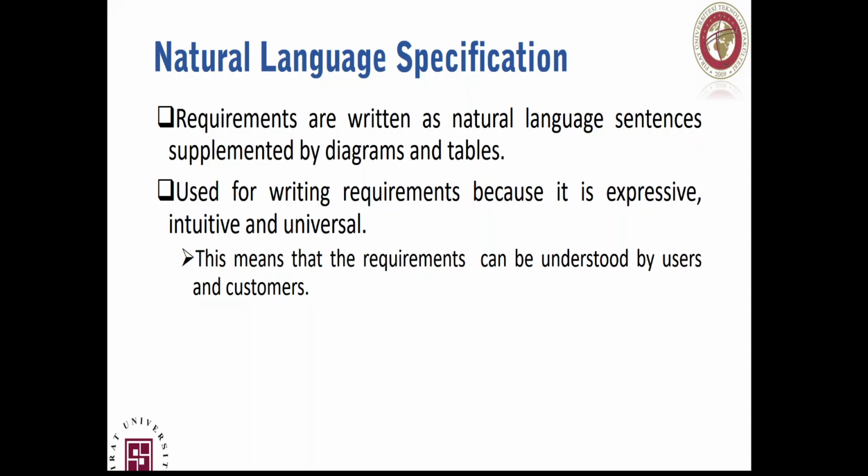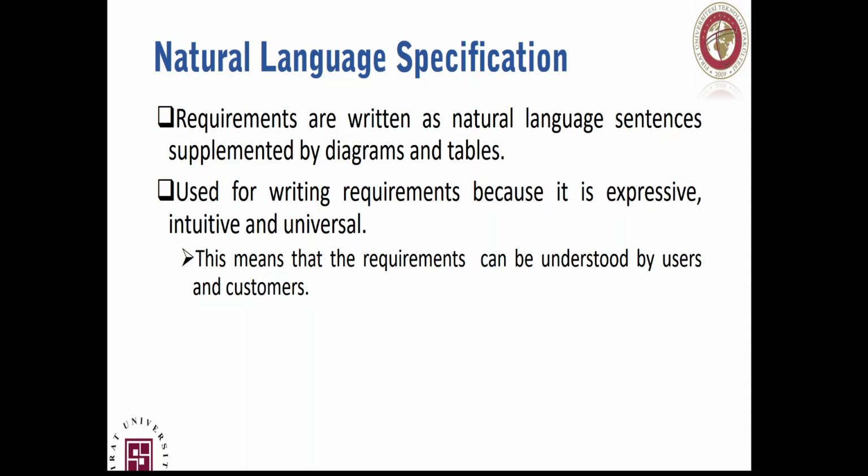Natural language. So this is the first, and I said this is the most initiative way, or the first type of language that was and still is in use for writing the requirements. We use natural language, the language that we speak and write with, and we may use some tables or some diagrams to support the sentences that we write.